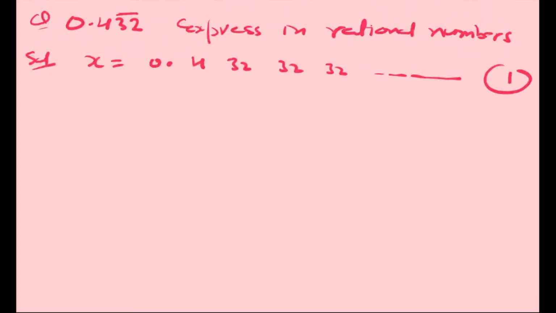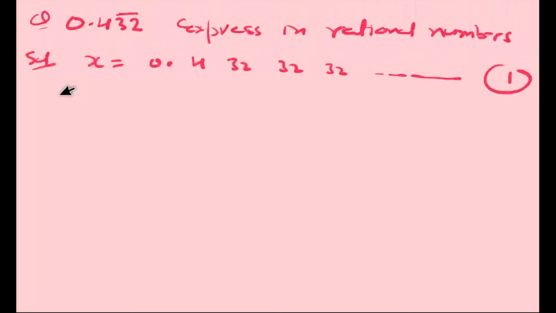Now how much do you have to multiply by? If you want to take the point directly, we have to take the point where the digits are repeating, on the right side, right? But before starting this, we check that 4 is not repeating. First take the point here, then take the point here.